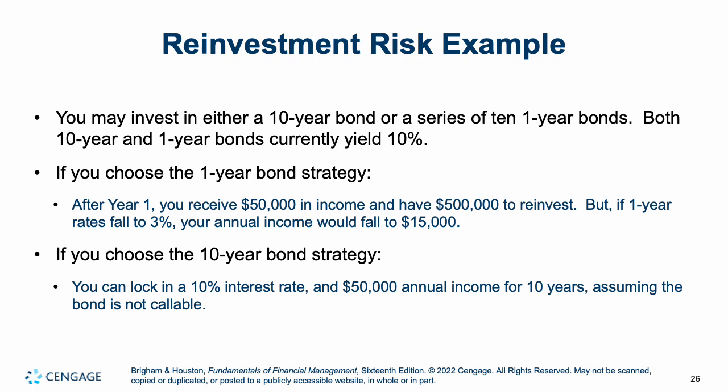However, you wouldn't eliminate it fully because if rates go up, you obviously could have made more money. But you're going to certainly eliminate it from going the other way. You're going to eliminate losing any potential income in the sense that rates might drop and you would get less income if you didn't choose the longer strategy.